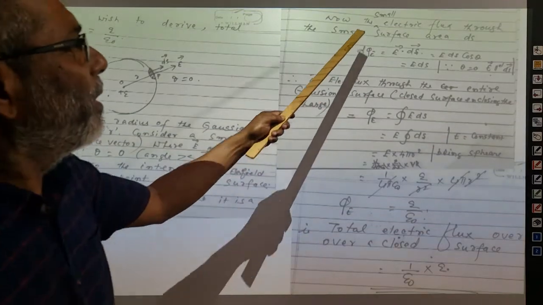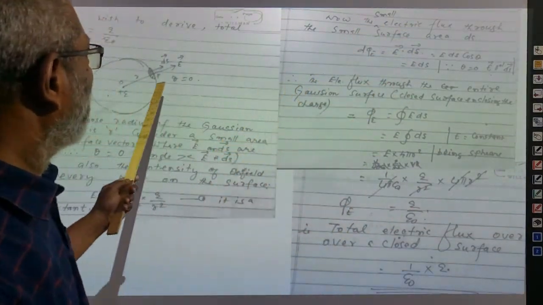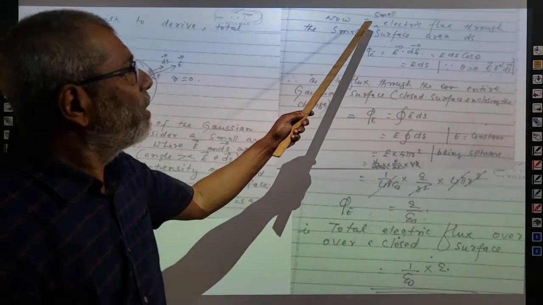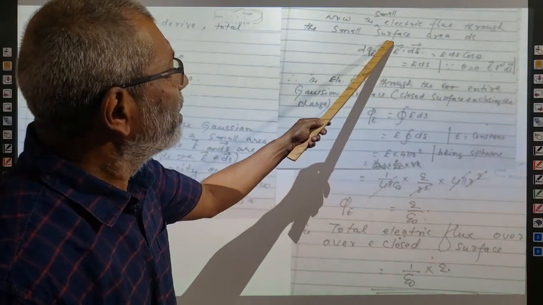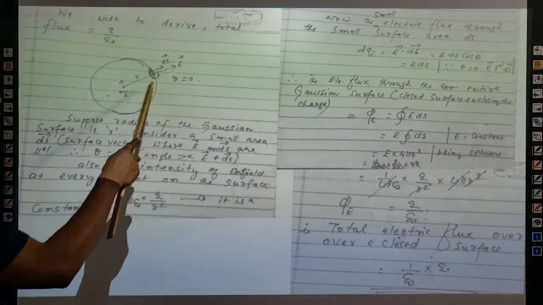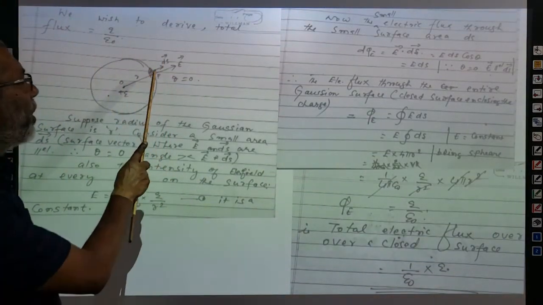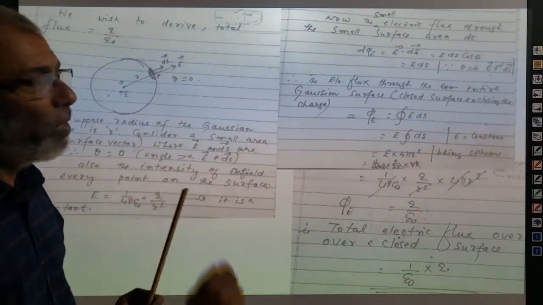Now we have to calculate the small electric flux through a small surface area ds on the surface of this Gaussian surface. This small area is shown here. Through this small area, the flux is also very small.